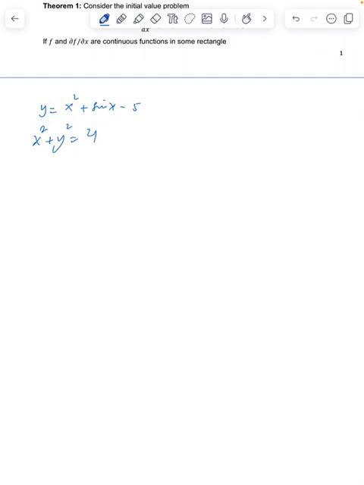In other words, the function values are known at certain points, and also the derivative. So if we have an equation dy by dx is equal to f(x, y), then the initial condition given will be y of x sub 0 is equal to y sub 0.